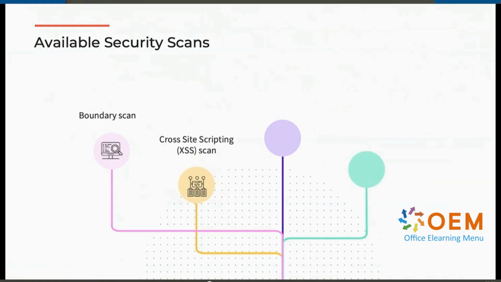The cross-site scripting or XSS scan looks for places where an attacker might inject malicious JavaScript into responses. If successful, it could allow attackers to hijack user sessions or manipulate browser behavior. The fuzzing scan throws a bunch of random and unpredictable inputs at your API to see how it holds up.